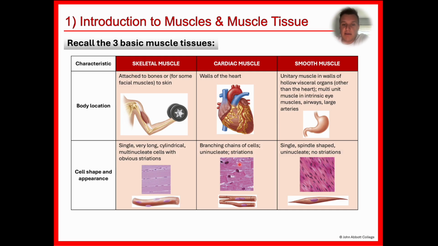So if you look at that under the microscope, you'll see these branching chains. Remember that these are the ones that branch out. You'll see they're uninucleate. Each of the cells has one nucleus. And also you'll see striations, right?